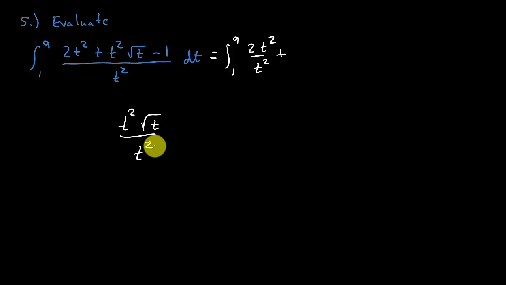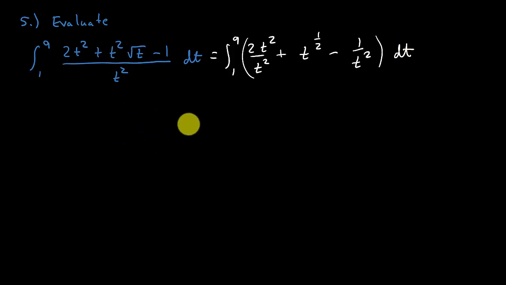What happens here is, look, the t squareds will cancel, right? And I'll be left with what? t to the 1/2. So let's just write that as t to the 1/2. You can see the t squareds cancel. And then I have minus 1 over t squared, and that's dt.